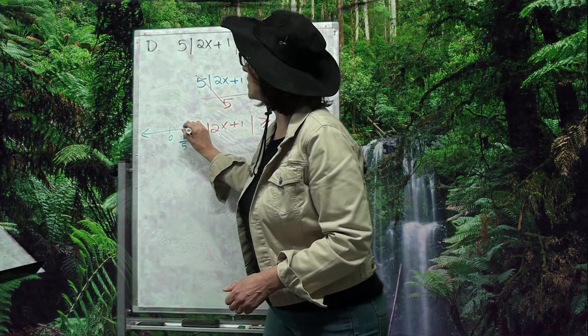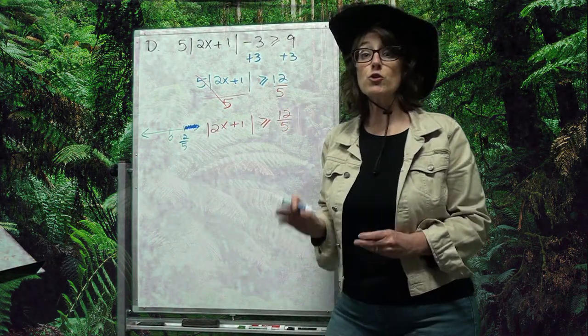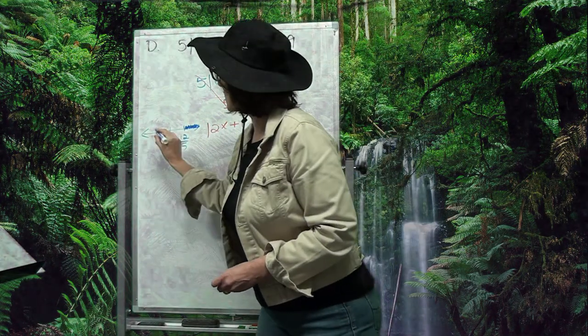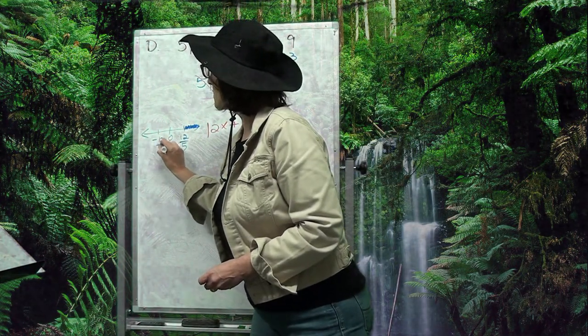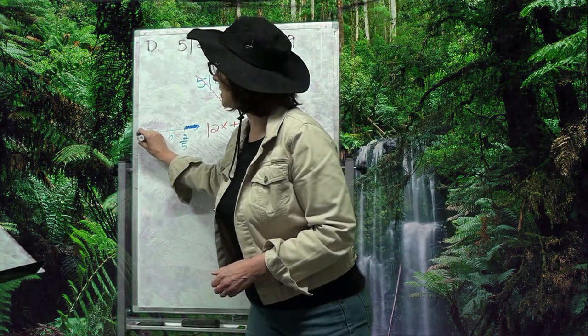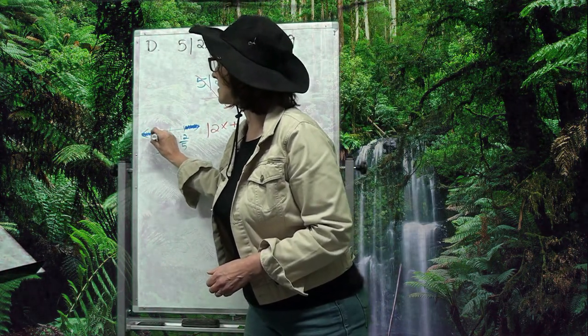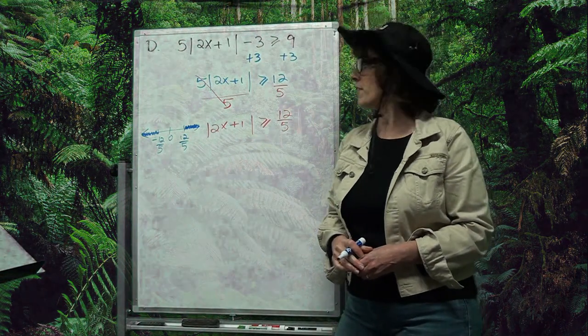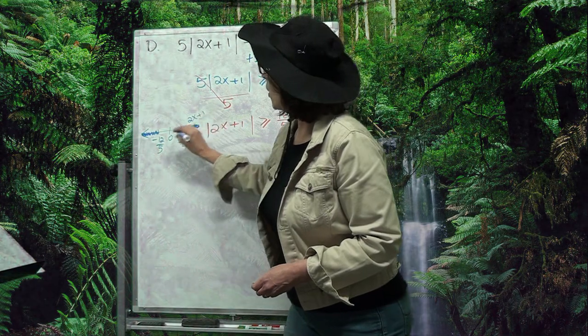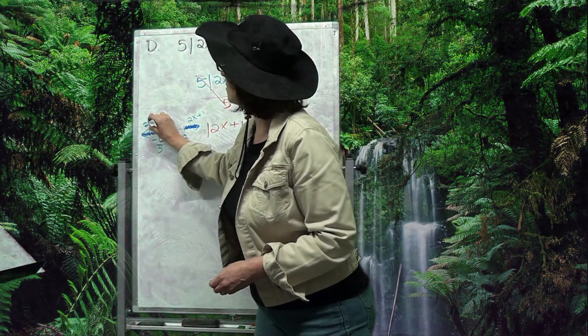These numbers have bigger distances than 12/5. And on the other side of the number line, -12/5 would give me a distance of 12/5, but all the numbers back here would also have distances bigger than that. So the stuff inside there could sit back here, or that stuff inside there could sit back here.